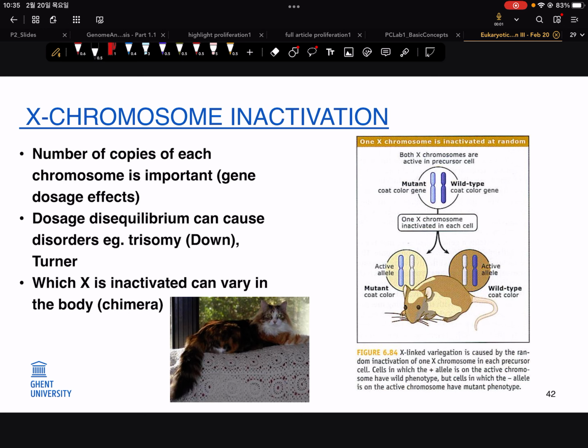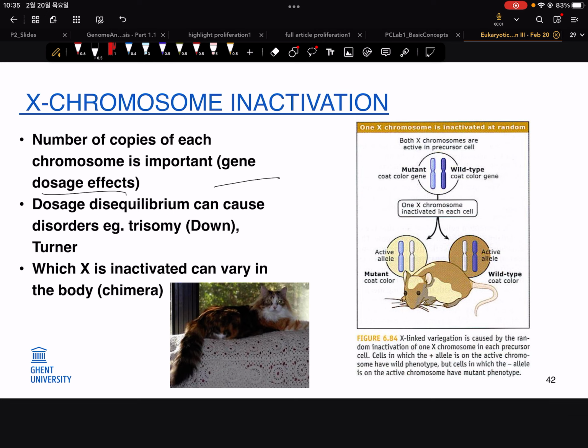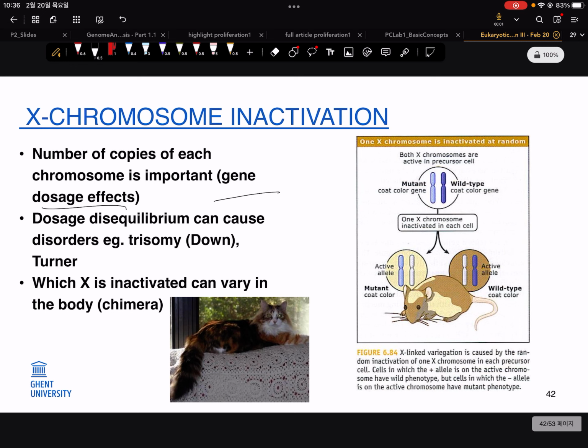This disequilibrium can cause some of these developmental abnormalities, let's call them, like Down syndrome, also Turner syndrome, which is caused by having only one X chromosome, and is also a disorder related to the disequilibrium of the chromosome numbers.